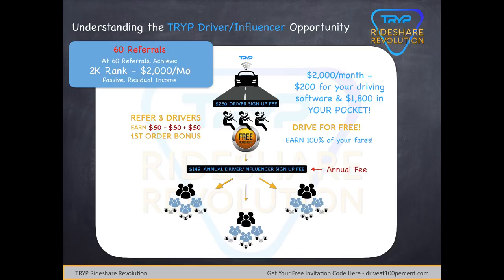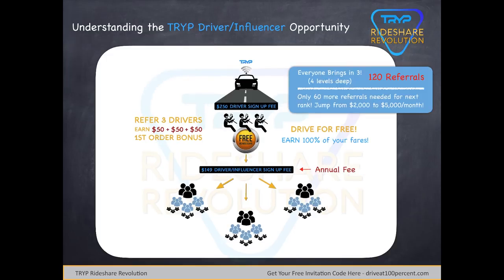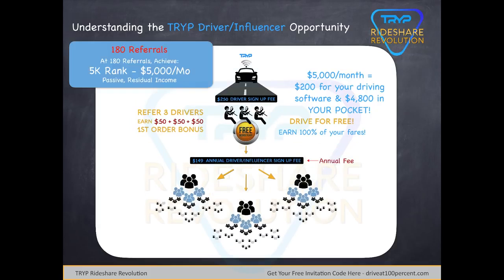Now let's go a little bit further. So 4th level down of people only bringing in 3 people, and every driver is going to bring in 3 people. Now you're at 120 referrals, and at this point you only need 60 more referrals to get to the next rank, and the next rank will jump from $2,000 a month to $5,000 per month.